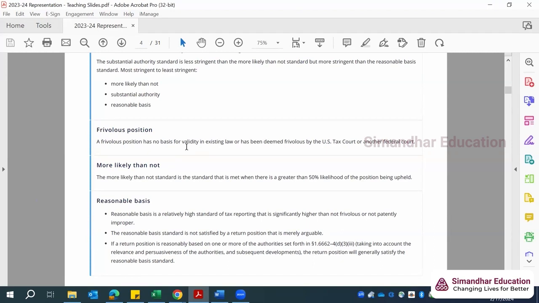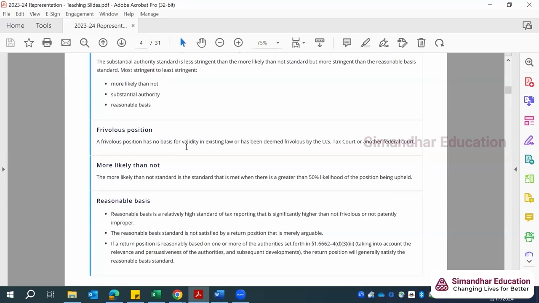You still have to file a tax return, or maybe you will have to file other forms to claim the treaty benefit. You have to at least legally justify your position. You cannot simply say that I'm not subject to taxation because I'm a resident or a citizen of a foreign country. Okay, so that's a frivolous position.